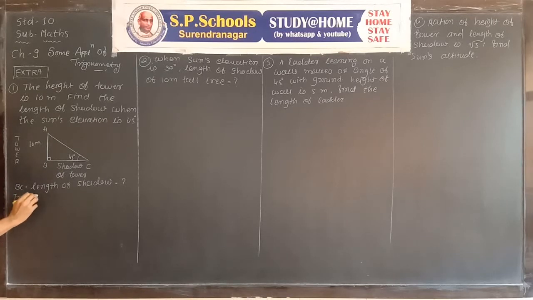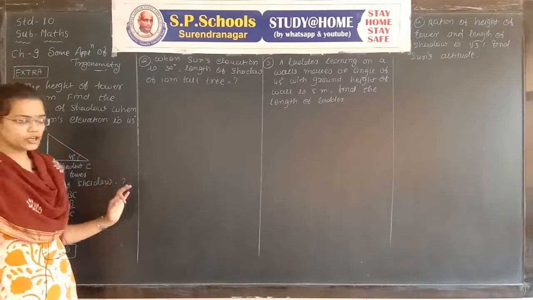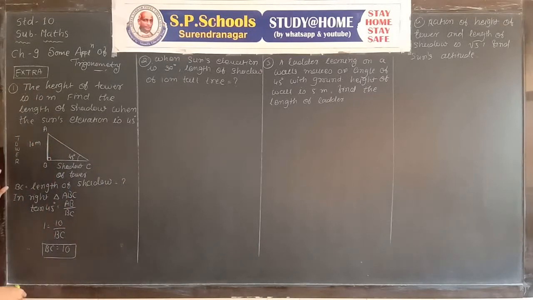In right triangle ABC, use tan 45. Tan 45 is equal to opposite AB upon adjacent BC. Tan 45 is equal to 1, AB is 10, BC remains as it is. That's why BC is equal to 10. What is BC? BC is the length of shadow when the sun's altitude, means the sun's elevation, is 45 degree.